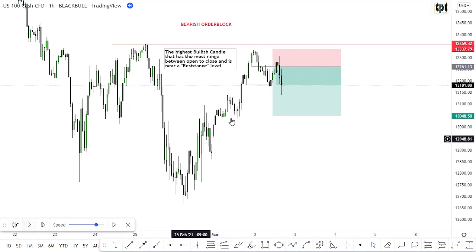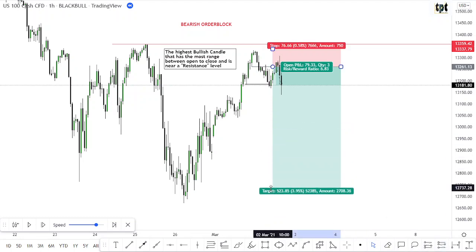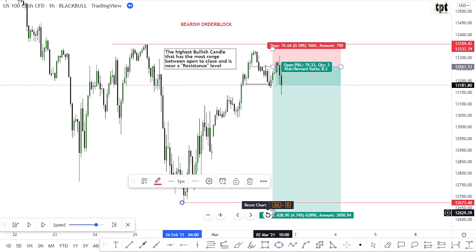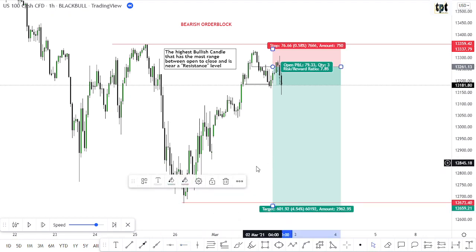So the market dived into it. We will be targeting these lows because it is our weak low, whereby the market is likely to trade below, just slightly below it. So we were tagged. See what the market is doing now.